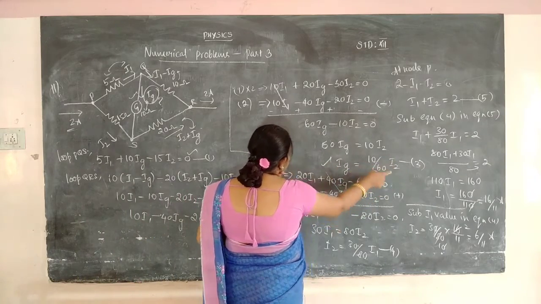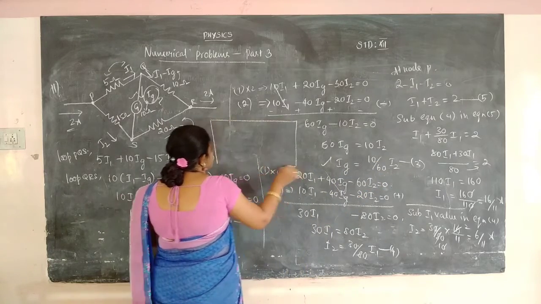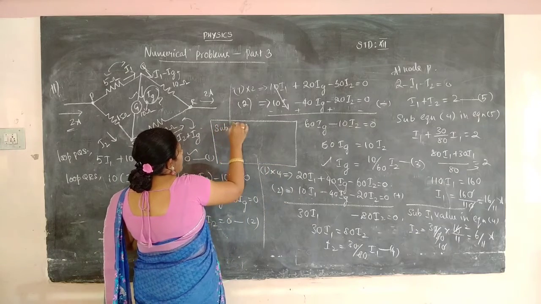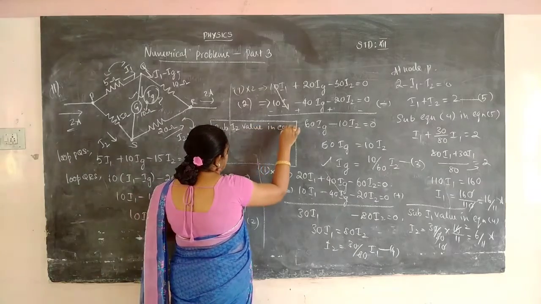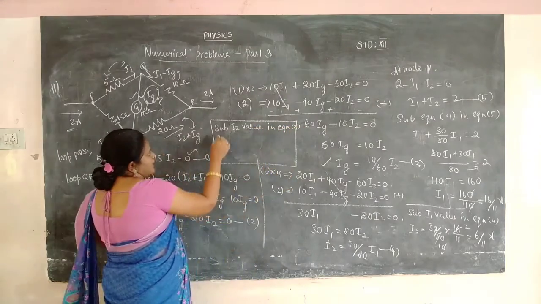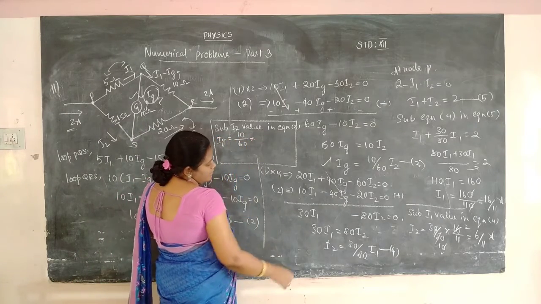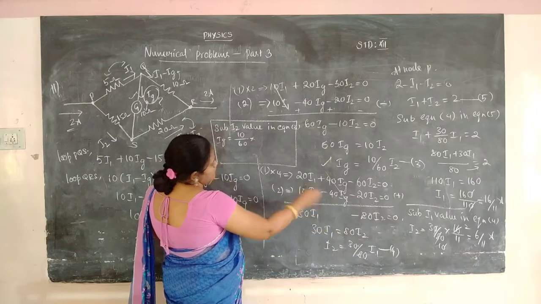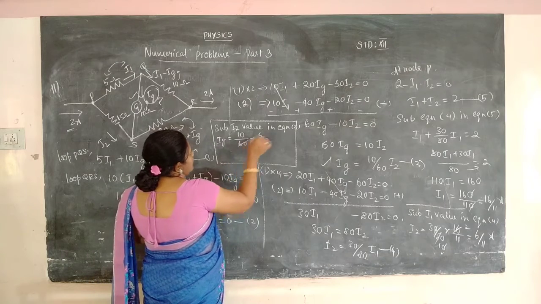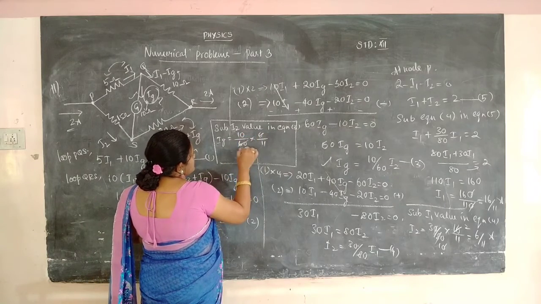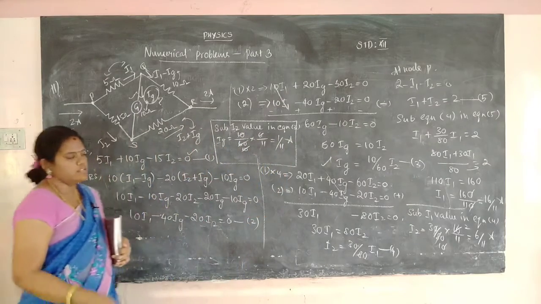We substitute the I2 value in equation 3. Equation 3 is Ig is equal to 10 by 60 into the I2 value, 6 by 11. 1 6 is 6, 10 6s are 60, 10 10 cancel. So 1 by 11 ampere. That is the current flowing in the galvanometer.